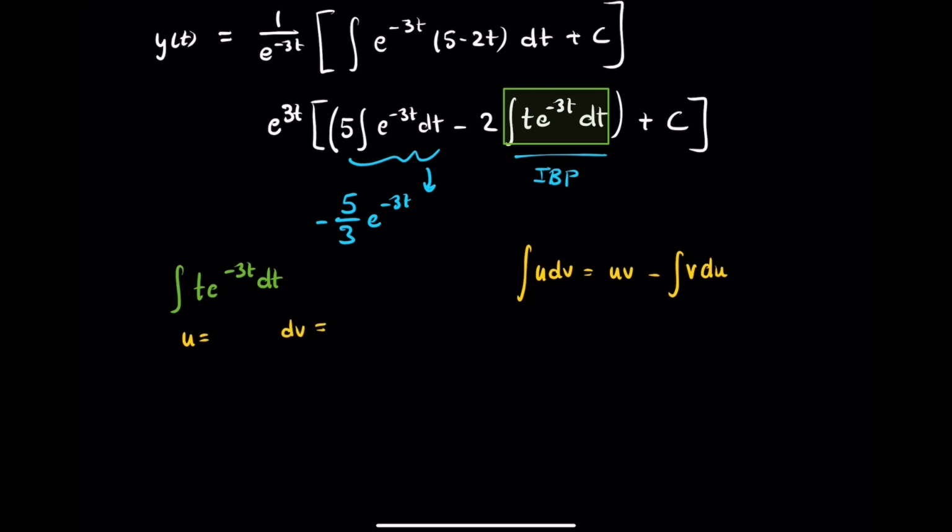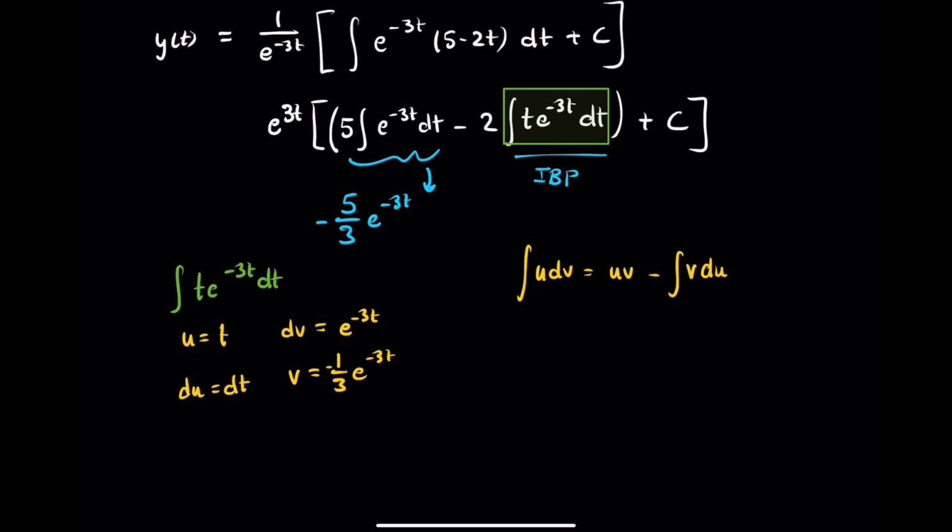So let's see, what would we want to take the derivative of? I think t would be good, so u is t and dv is e to the minus 3t dt, and so v is minus 1/3 e to the minus 3t, and du equals dt.